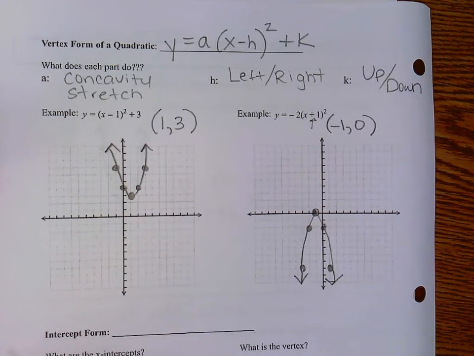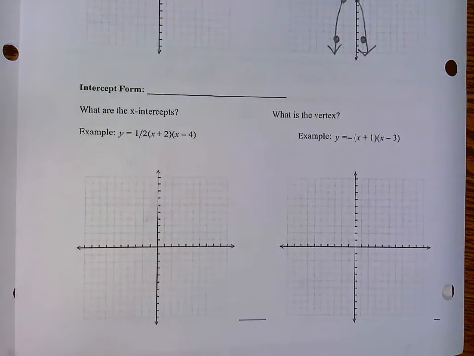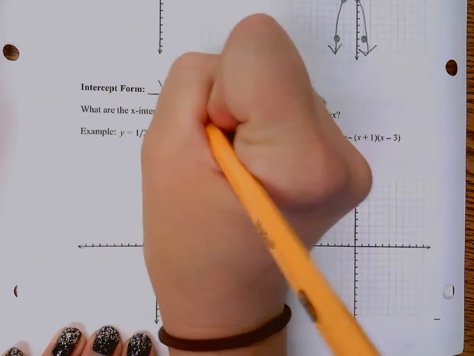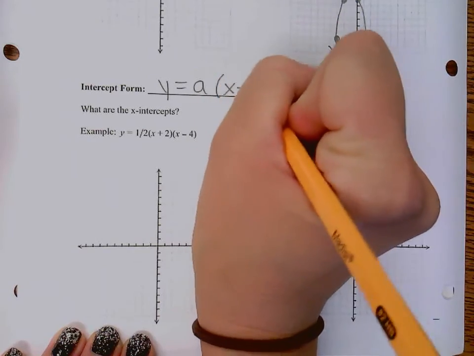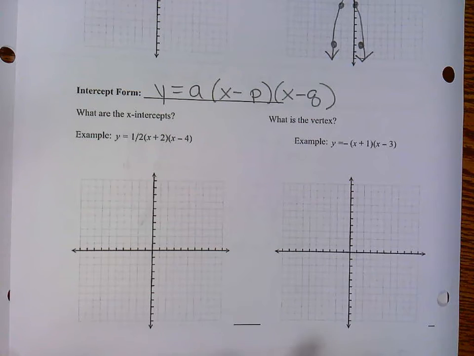And then last but not least, my least favorite is intercept form, but it's also factored form. So you're going to practice factored form when we do intercepts. And that one is y equals a times (x minus p) times (x minus q). I guess it's not my least favorite. I tend towards standard form and vertex form the most. And then here's intercept form. It's just factored form.